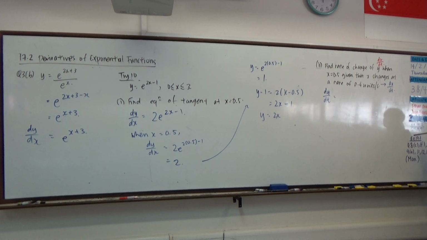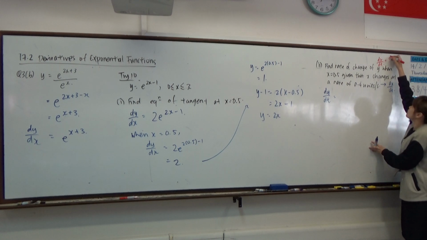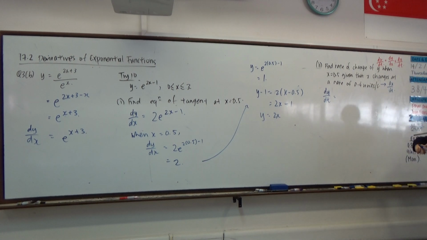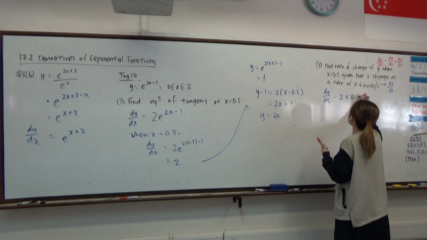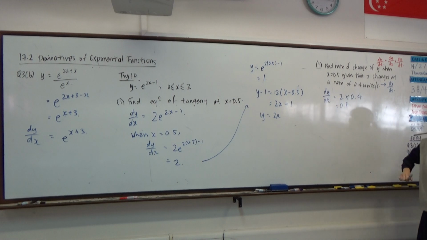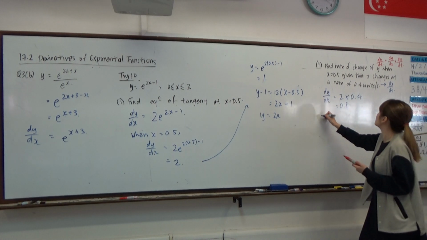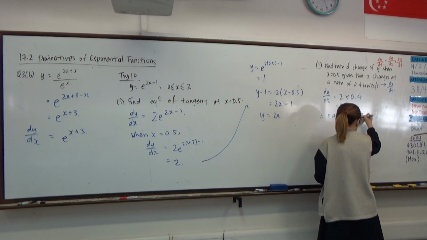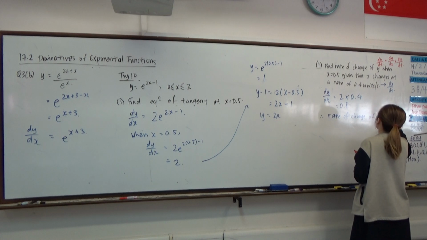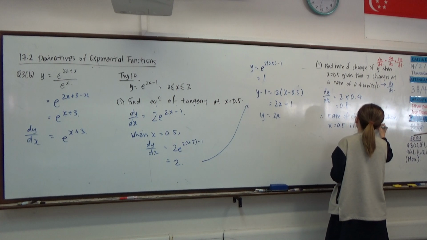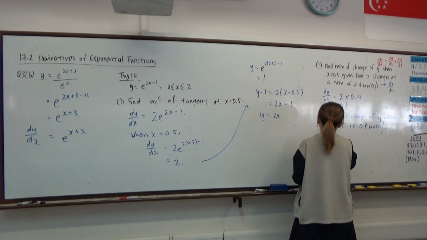So we need dy over dx times dx over dt. So that will be 2 times 0.4, because what we have is when x equals 0.5. So therefore the rate of change of y when x equals 0.5 is 0.8 units per second.